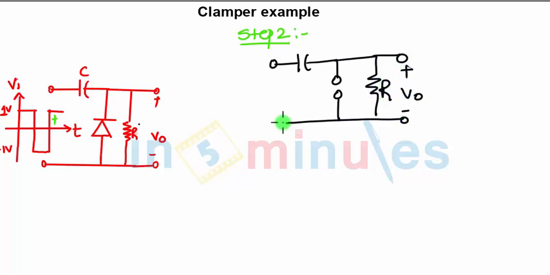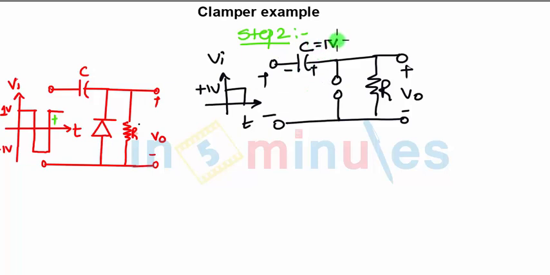This is your R, and the input now in the positive half cycle is going to a maximum of 1 volt. This is your input with respect to T, and the capacitor which is charged in the negative half cycle as minus plus, and the charge on the capacitor we have found as 1 volt.